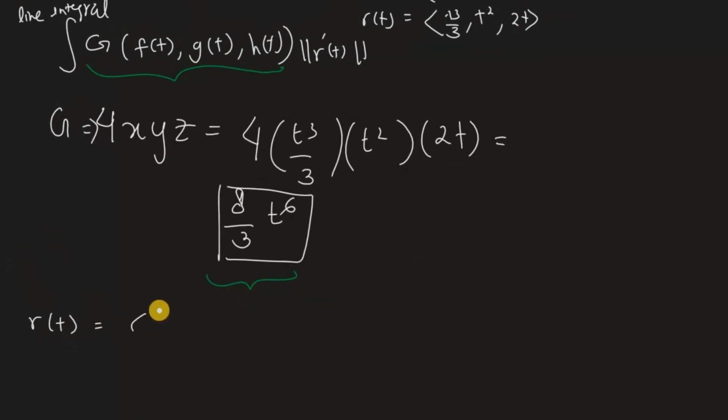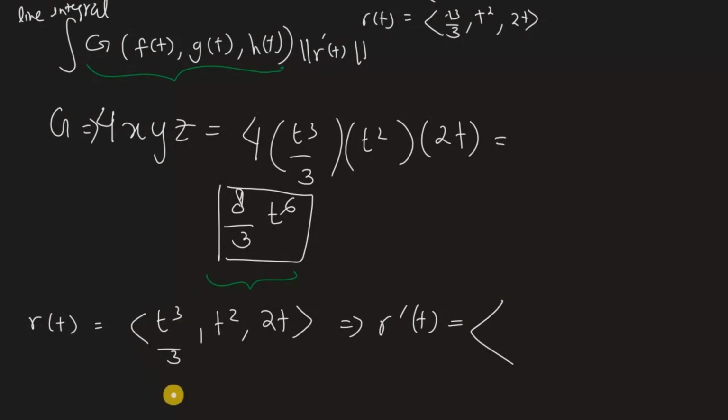Now that we have r of t over here, the next step is to take the derivative of r of t. You're going to do it component by component. This is the x component, y component, z component. First take the derivative of this: bring the 3 down, subtract 1 from the exponent, and then divide by 3.